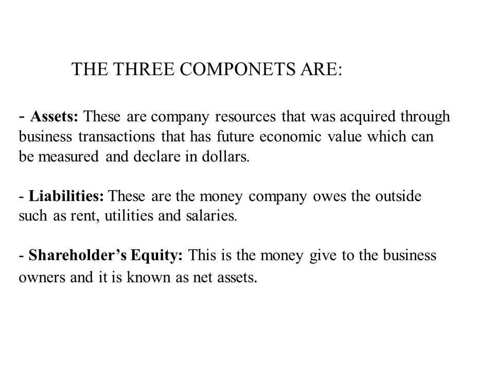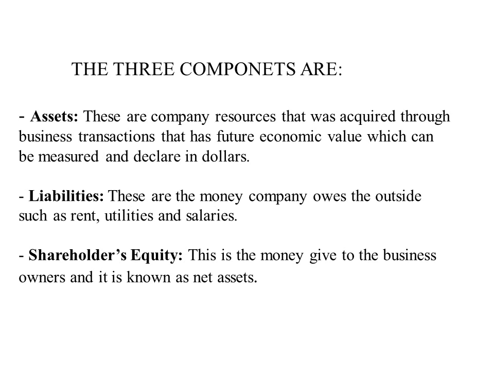The three components are assets, liabilities, shareholders' equity. Assets, these are company resources that were acquired through business transaction that has future economic value, which can be measured and declared in dollars.